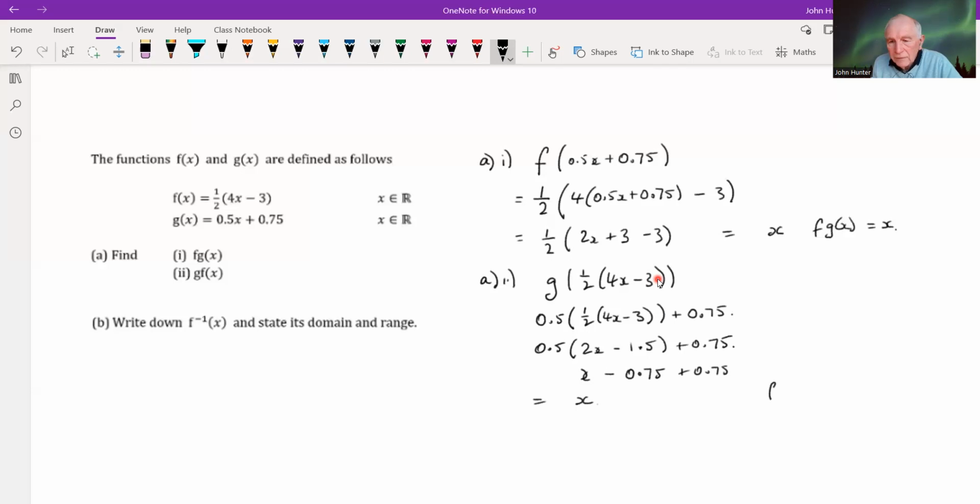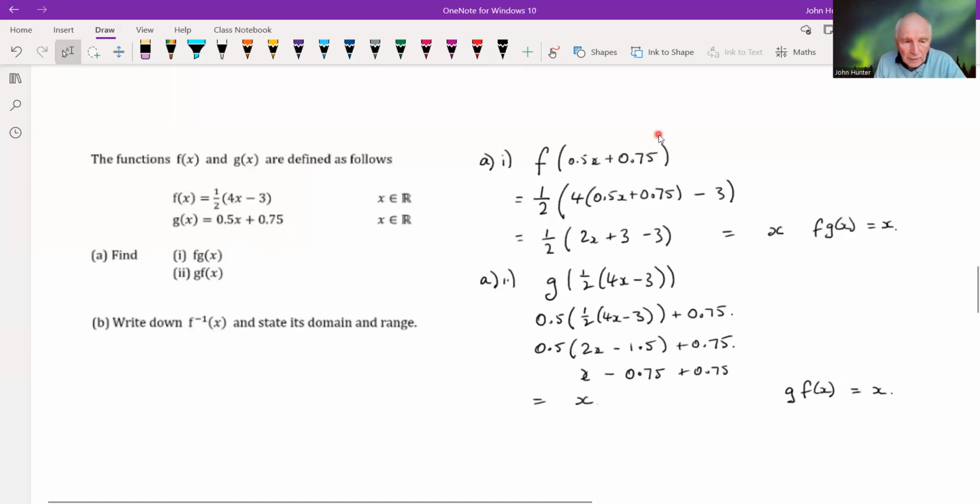So let's say g of f of x equals x. Now, what this is saying basically is that f and g are inverses of each other. Okay, so we've kind of proved it the other way around.